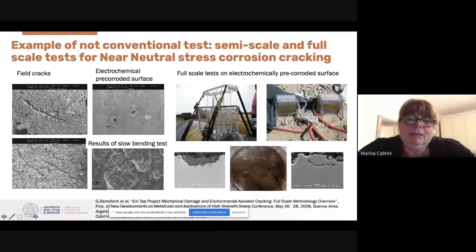And the difficulty in testing this kind of stress corrosion cracking phenomena is to have a surface that is similar to the field, because it is necessary to have the simultaneous presence of localized attack and generalized attack.